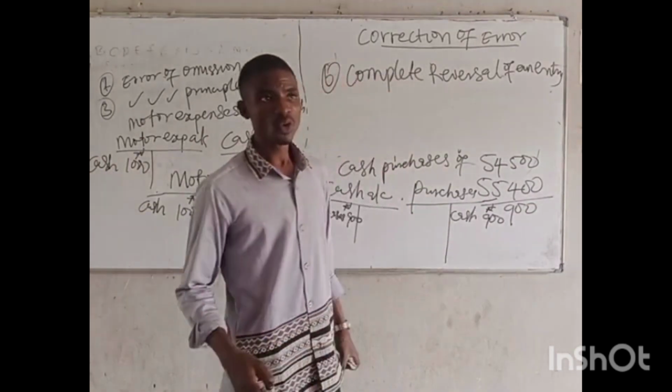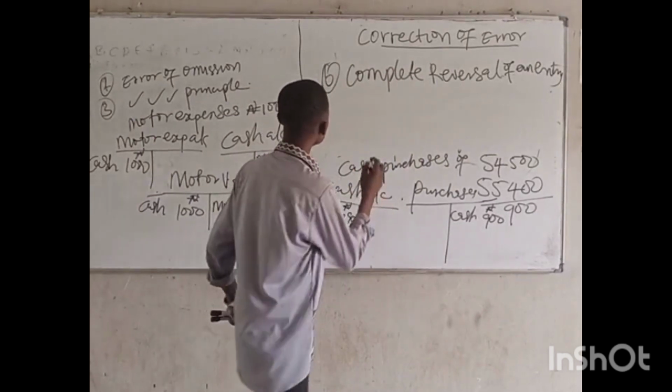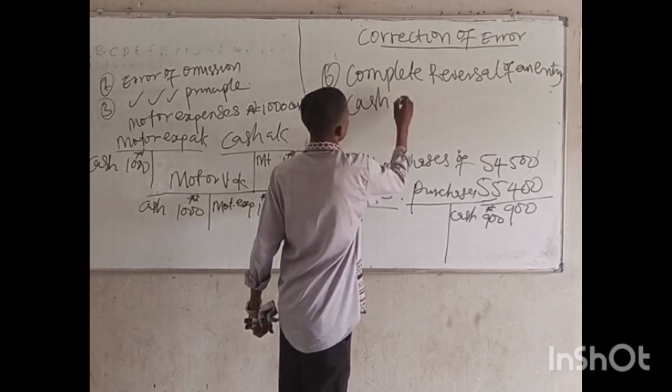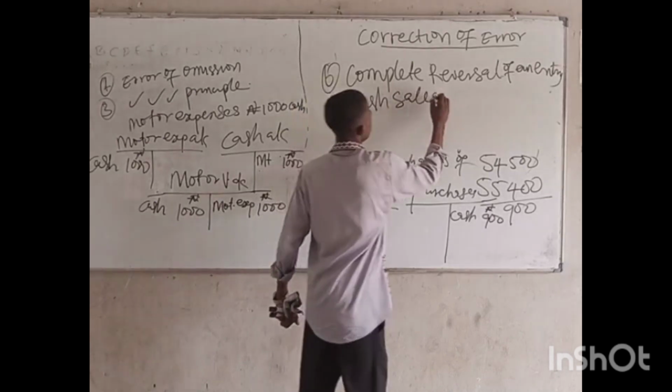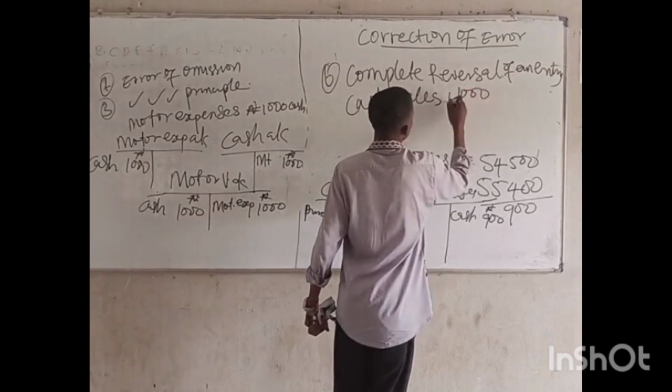Assuming that we have a transaction that said cash sales, 1,000 naira.